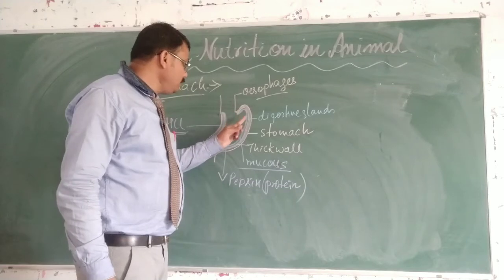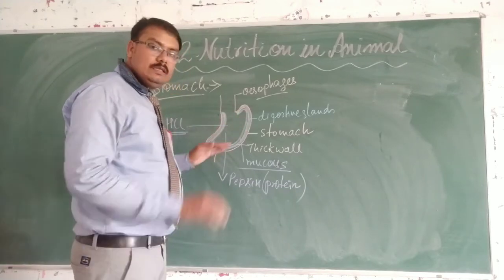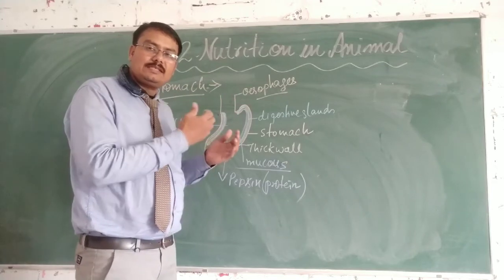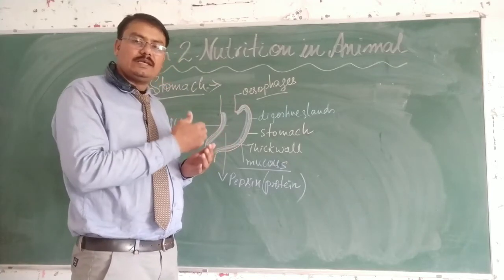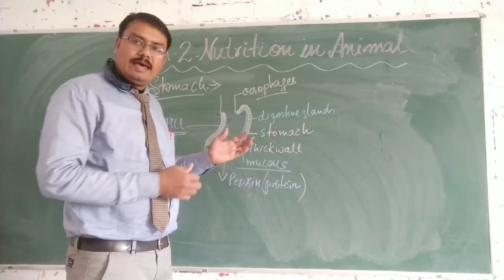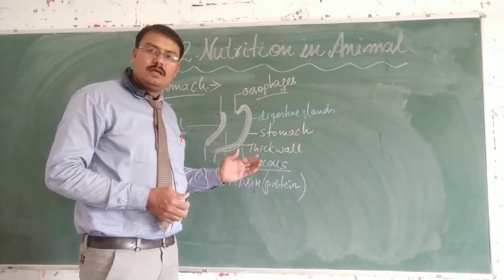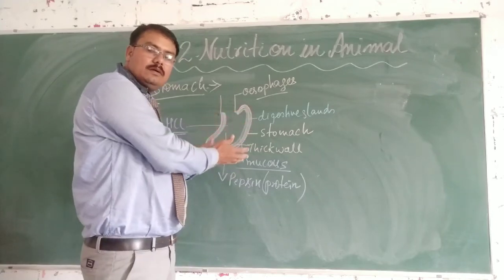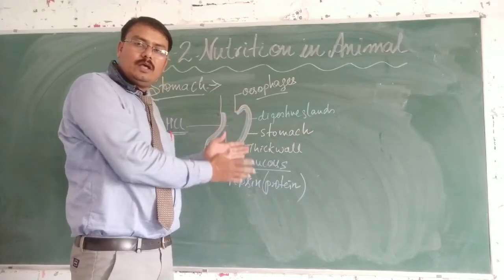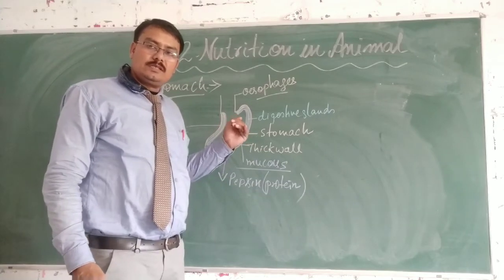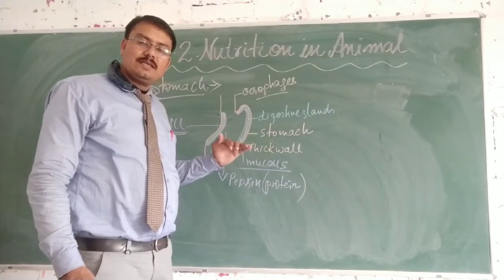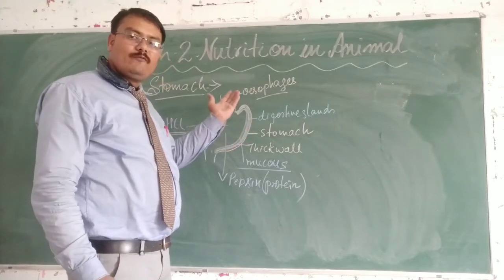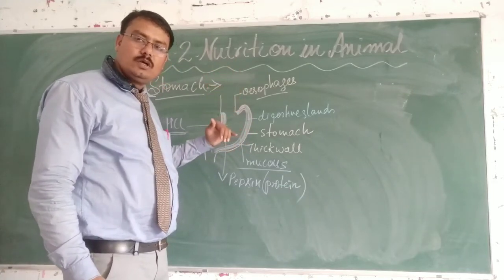Inside the stomach there is a lining, and various digestive glands present that secrete various types of enzymes that help to digest the food present in it. It also releases HCl acid, which makes the entire stomach an acidic environment that helps to digest the food as well as kills the microorganisms which have come from infected food and water.